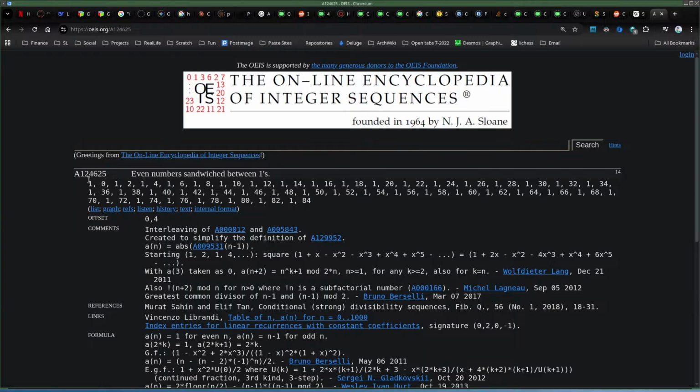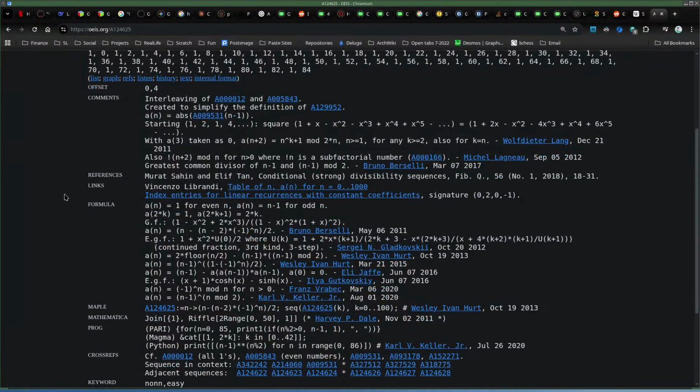Oh, like that. So 1 0, 1 2, 1 4, 1 6, 1 8, 1 10, and so on. Even numbers sandwiched between ones. And then a binomial transform of that.